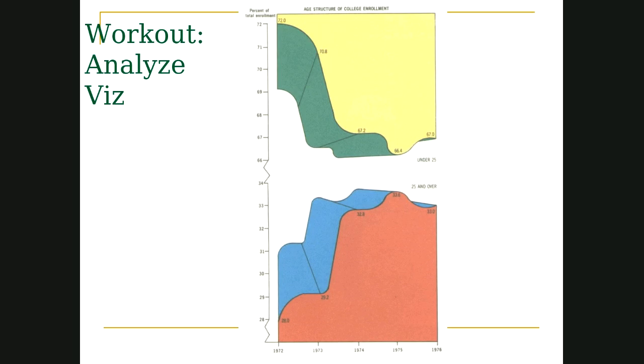A few more examples of visualizations. Again, this next one is from Tufte as well. It shows enrollment at some college in California, and it looks at structure by age. You can see the x-axis is just for various years.